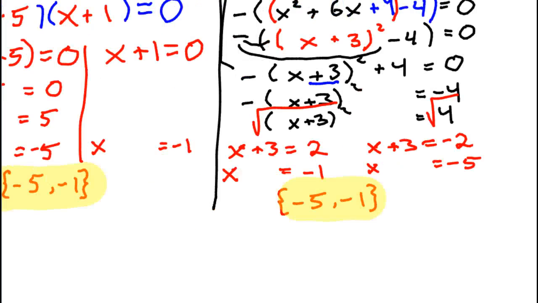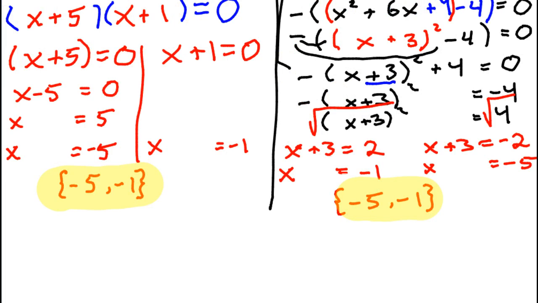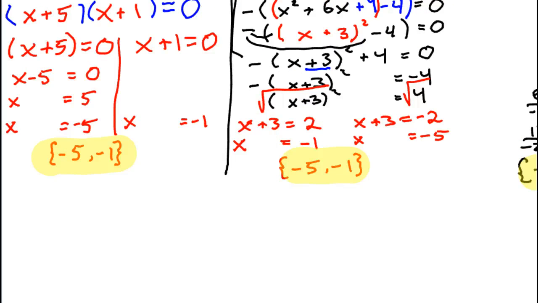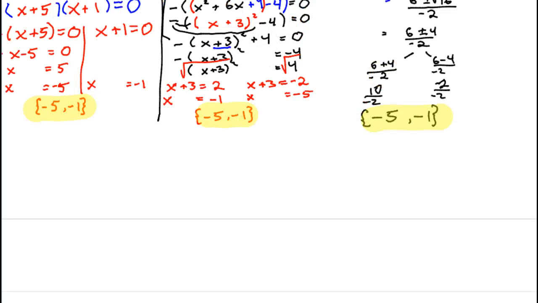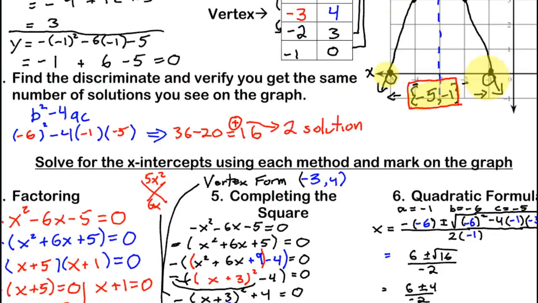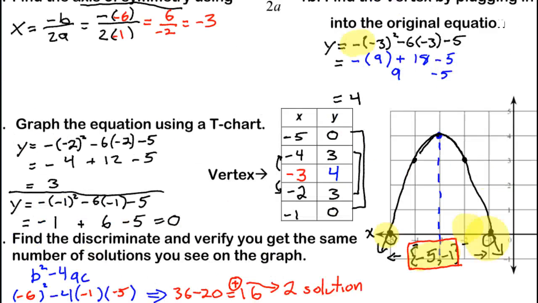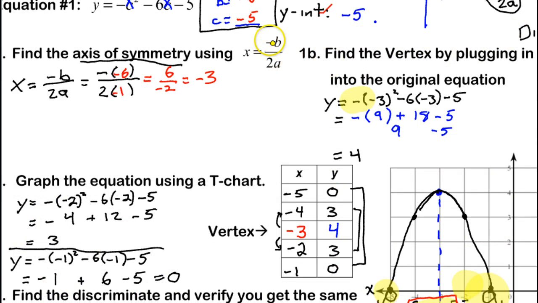So you had a homework that had just the 3 methods at the bottom, the non-graphing. But now you can see what it looks like graphically as well. This is the first method we did, to graph it and see where they cross. You also saw that there are 2 methods for getting the vertex. You find the axis of symmetry, get the x, plug it into the original equation, and that'll give you the y.